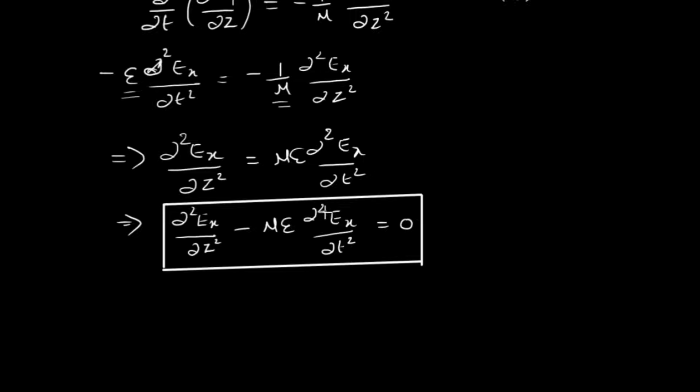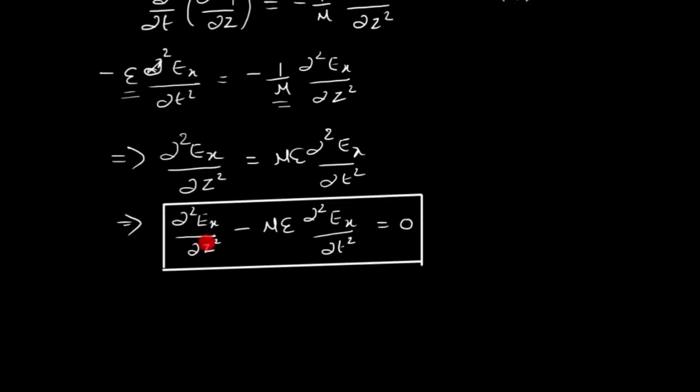Remembering the general wave equation, it was del square E, del square H, del square D, del square B. Del square is nothing but partial differential square. So here also I have del square, ∂²/∂z². So del square variation of Ex in space, because my wave is traveling in the z direction.